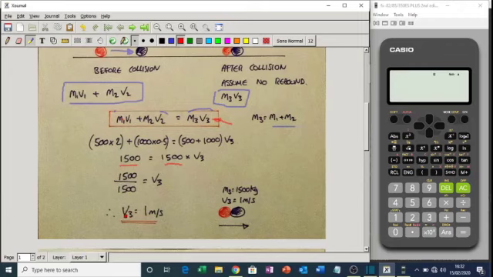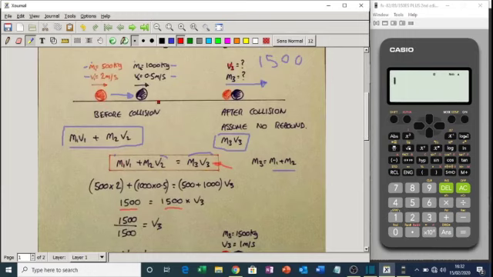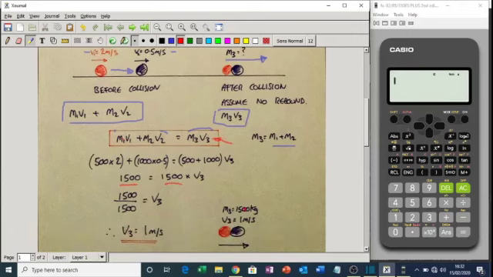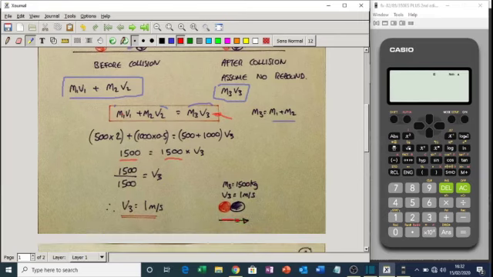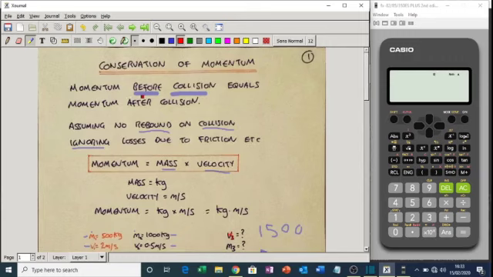So v3 is 1 meter per second, which means that when these two collide, assuming there's no rebound and assuming conservation of momentum, this mass, which is now 1500, will move this way at 1 meter per second, assuming conservation of momentum and no rebound and no friction.